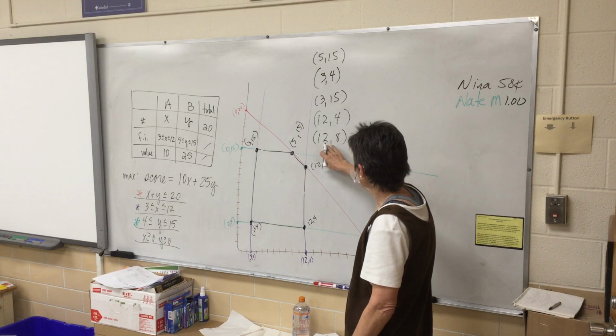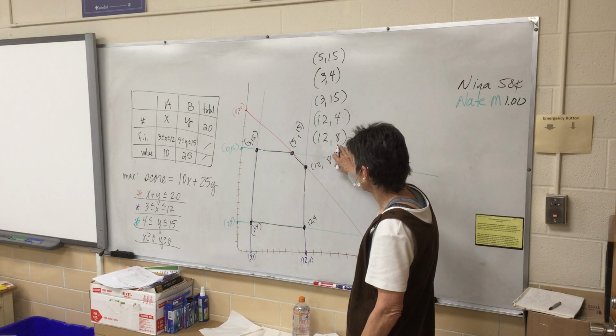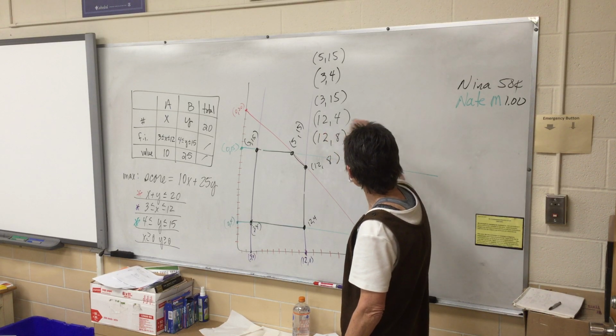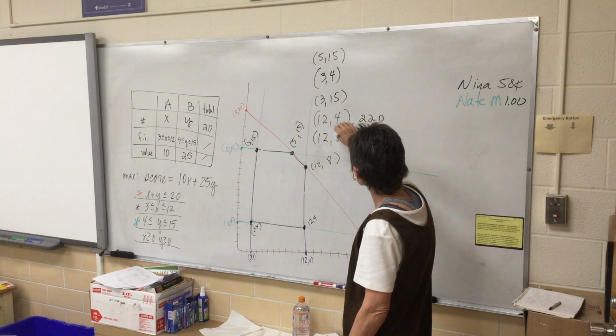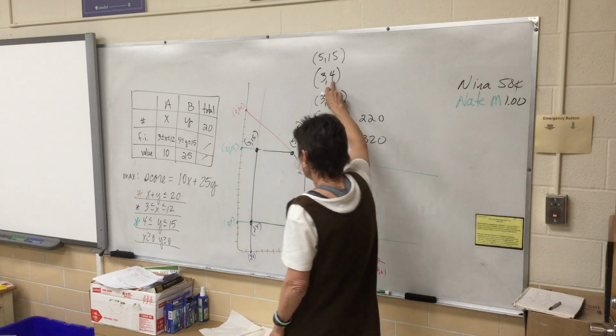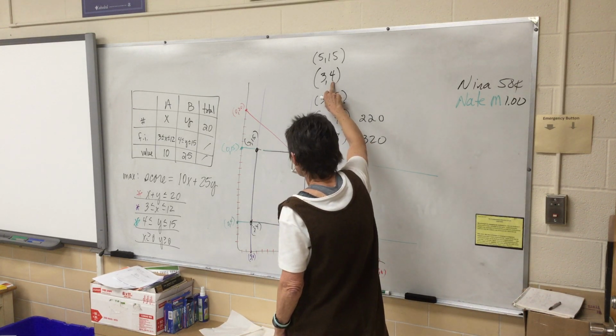12 A's or 12 X's and 8 Y's. This is going to be less. This is only going to be 220. This one will be 130.